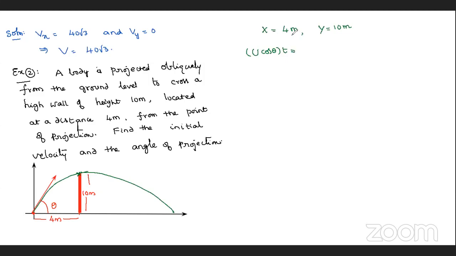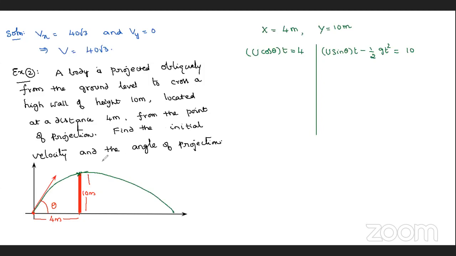So with the information I am writing here, u cos theta into t equals 4 on the left hand side. On the right hand side, y equals u sine theta into t minus half g t square, which is given as 10.